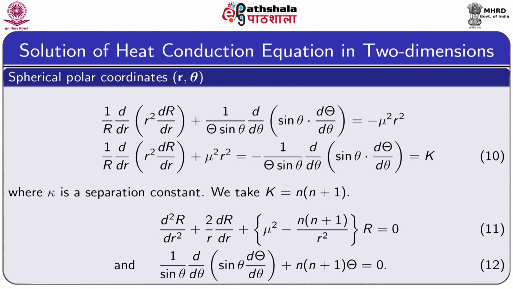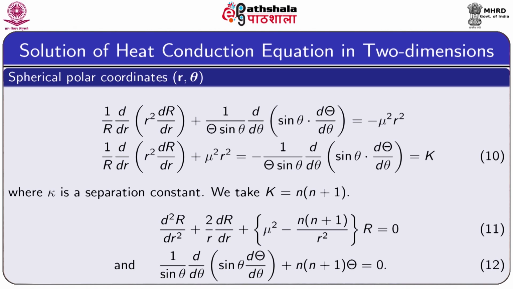Our next aim is to separate the variables capital R and capital Theta. For that purpose we separate them in equation number 10, and we assume the separation constant as k, taking the value of k as n into n plus 1. The equations in capital R and capital Theta are written in equation number 11 and equation number 12.